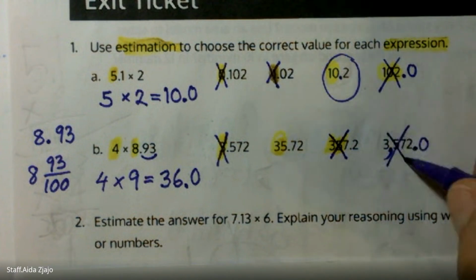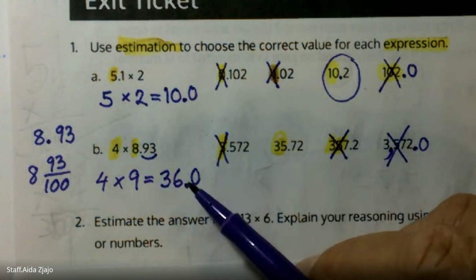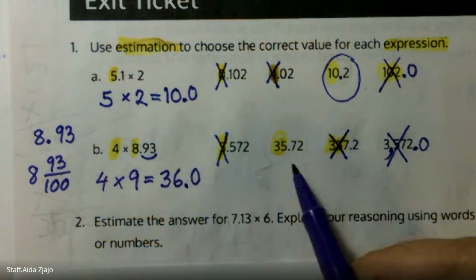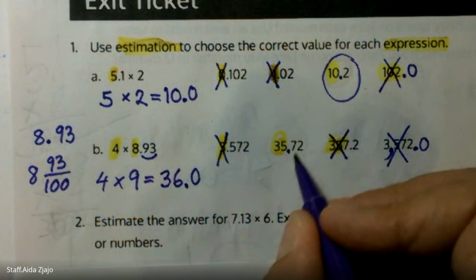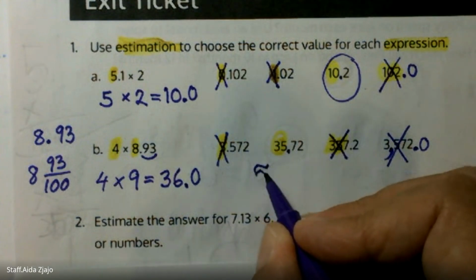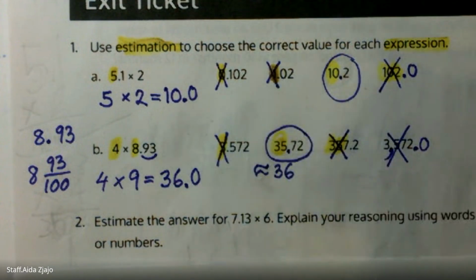So that's not working. So I know this is the closest to the 36 wholes because I really can see 35 and 72 hundredths. I can estimate that to be about 36. So this is my reasoning about this problem.